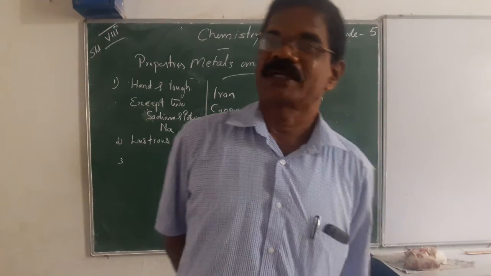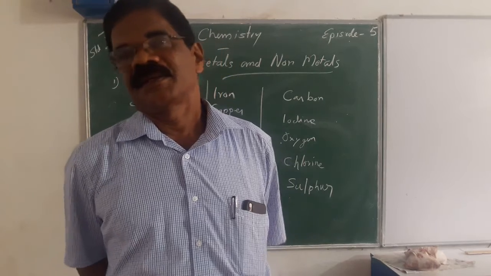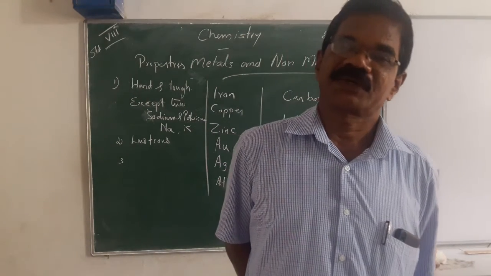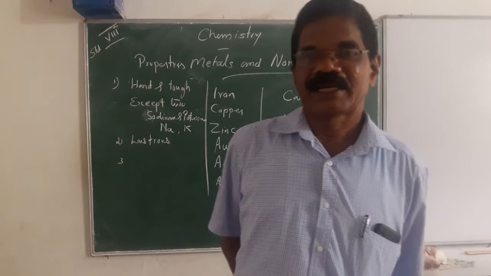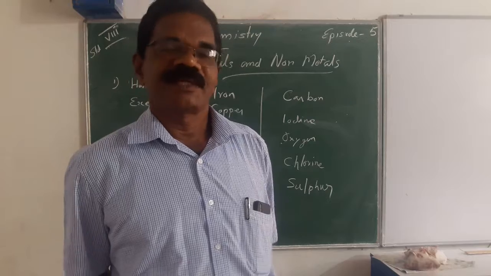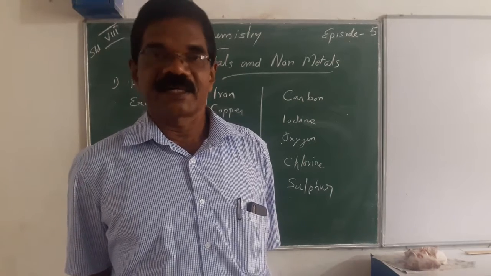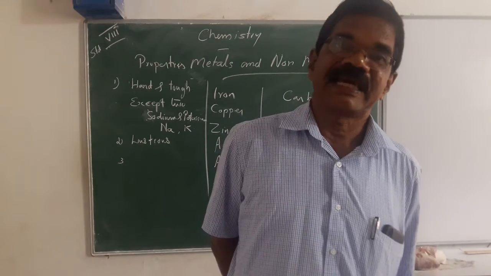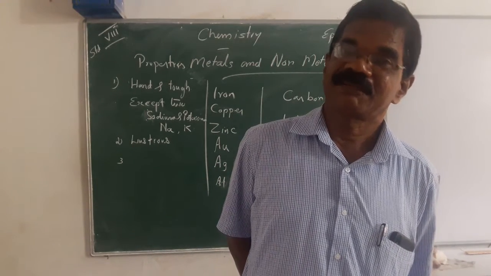You look at the sheets which you use in your home. When we heat metals to a high temperature and hit them with a hammer, they can be shaped into thin sheets. That is malleability.